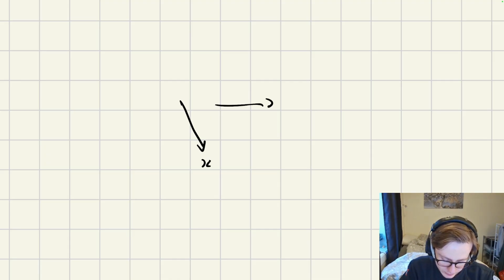Okay, let's start off with a simpler solution. If we have an x going this way, how do we transform it to an x going this way?